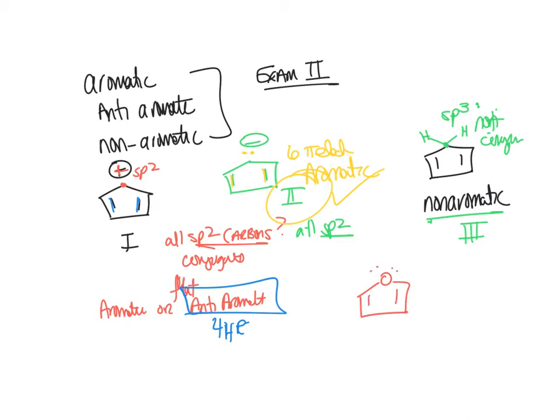Now, number 4, everything is conjugated. These electrons can do resonance. So if you were to do a resonance structure here, you could see that those electrons can participate in this ring.